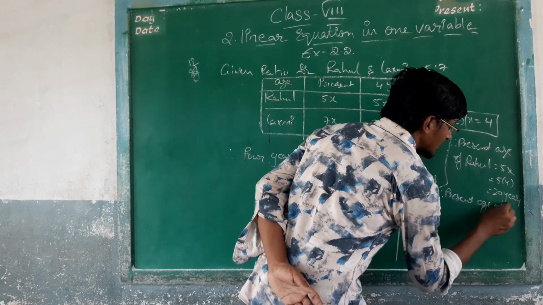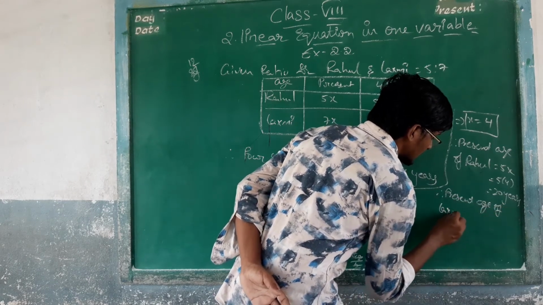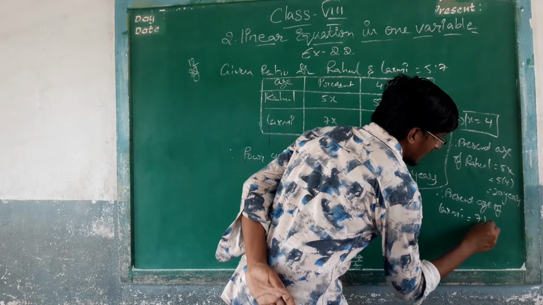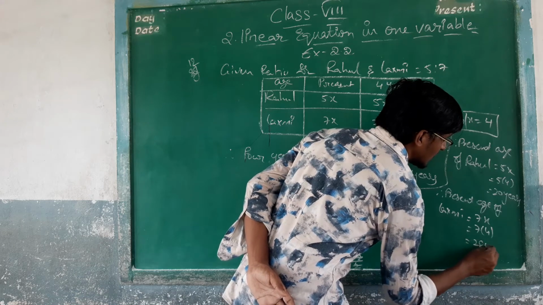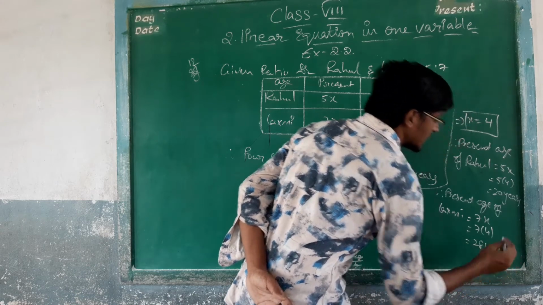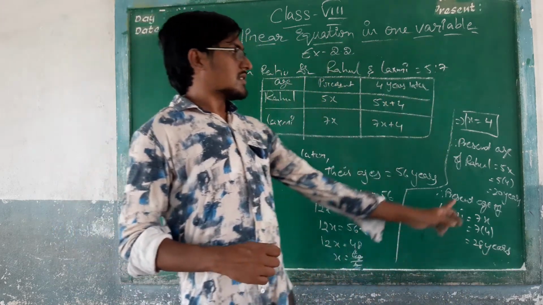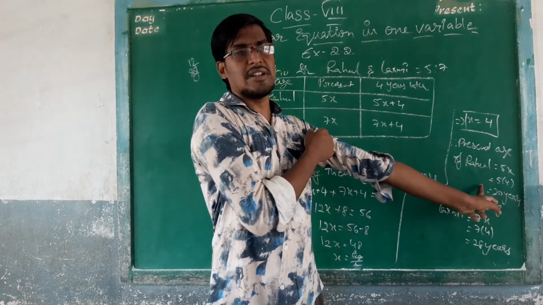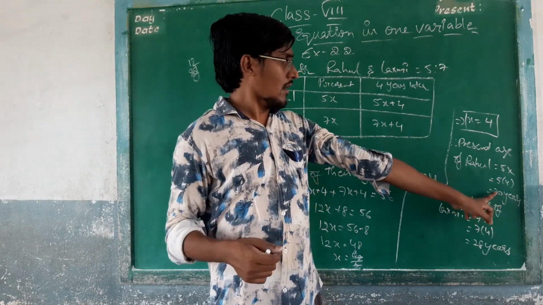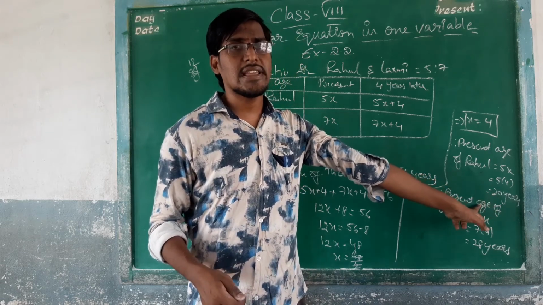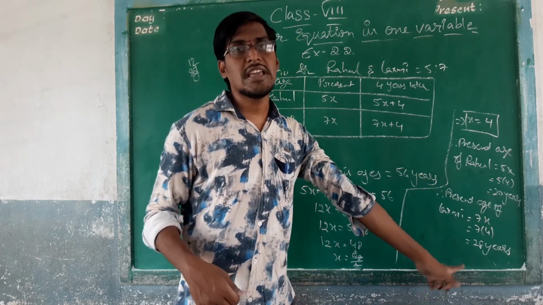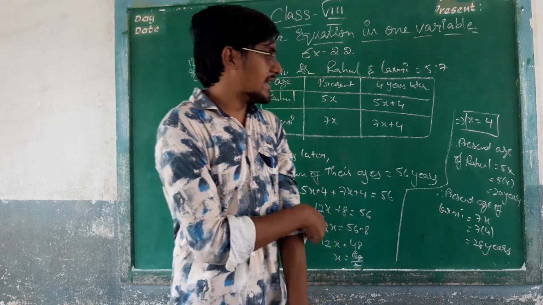Present age of Rahul is 5x, that is 5 into 4, equal to 20 years. Present age of Lakshmi is 7x, that is 7 into 4, equal to 28 years. So Rahul's present age is 20 years and Lakshmi's present age is 28 years.